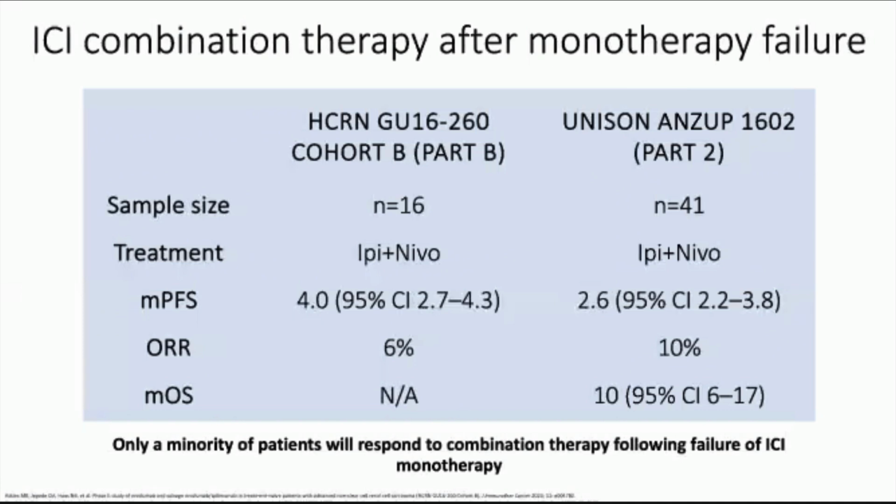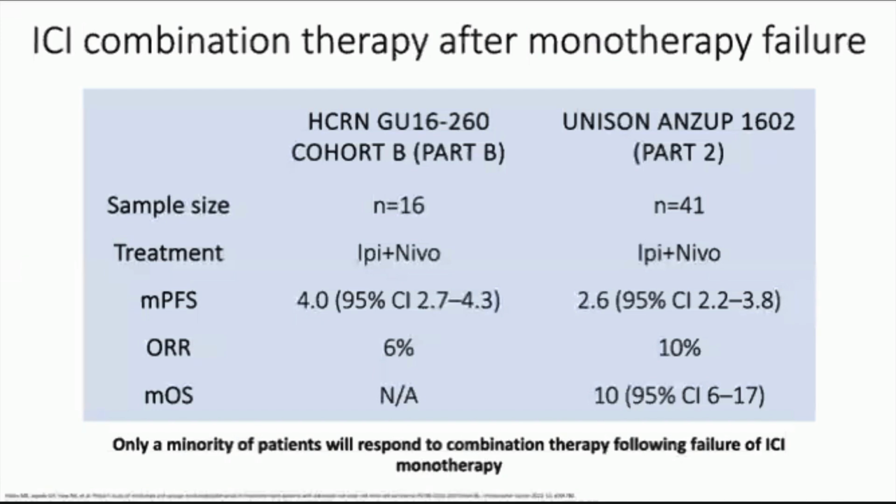Now, these 2 trials here, the UNITION trial and the HCRN trial, looked at the efficacy of immunotherapy combination in the setting of non-clear cell RCC following failure of immune checkpoint inhibitor monotherapy. Both trials looked at the efficacy of ipi-nivo combination therapy.